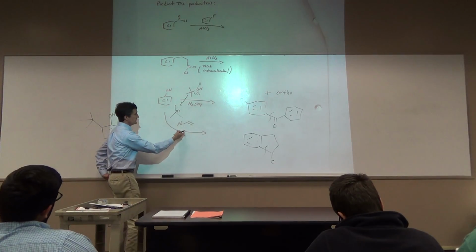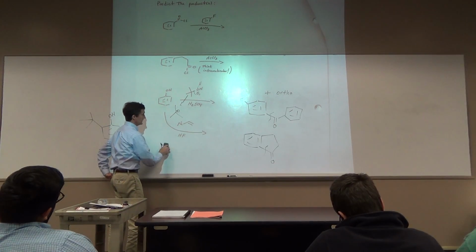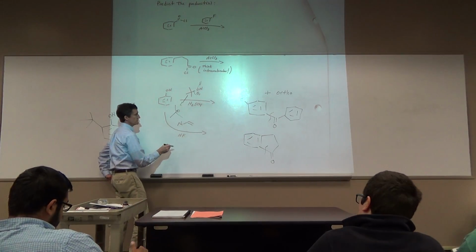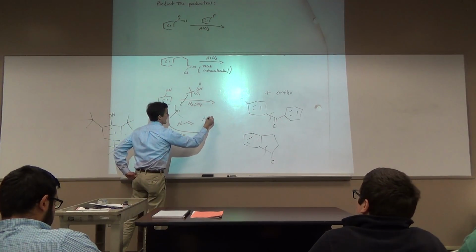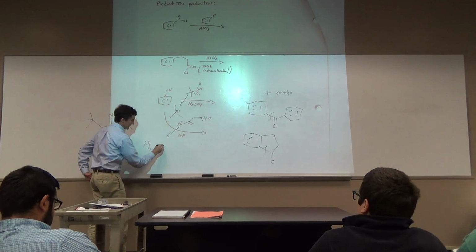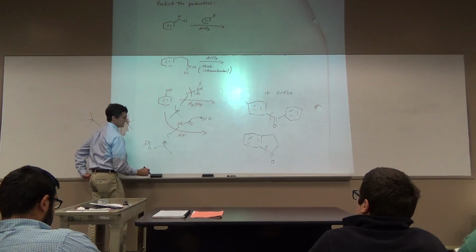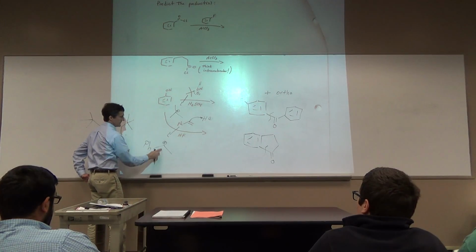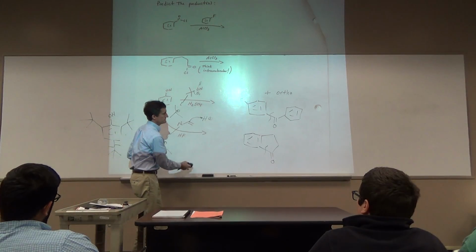How about this down here? What type of chemistry can you imagine around here? That's just organic 1 chemistry, right? H plus. Get this cation. The ring can attack here just like this.